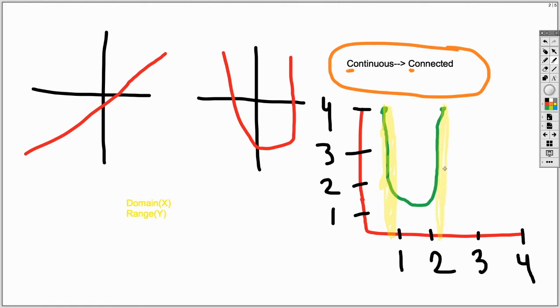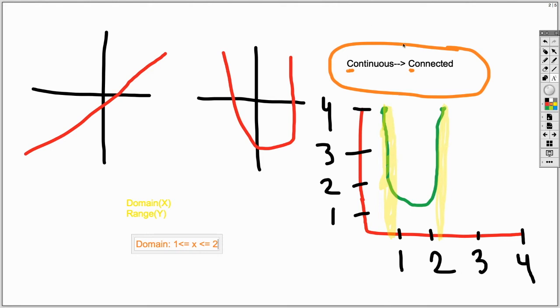So I would write my domain as 1. I'm just rounding 0.75 to 1. And you need to notice if the dot is closed or not. Since this is closed, remember, that would mean greater than or equal to. So I'll put greater than or equal to X. And the second dot is closed as well, so I put greater than or equal to 2, since I'm just rounding it. So that's how you find your domain.